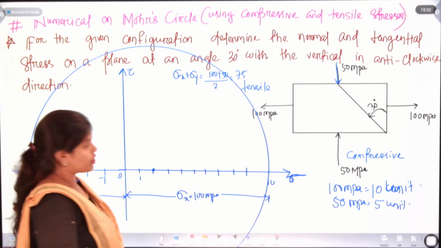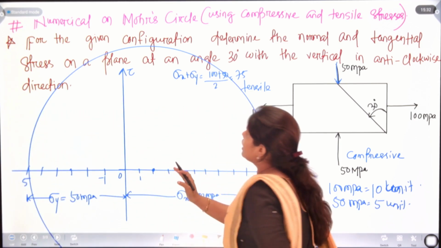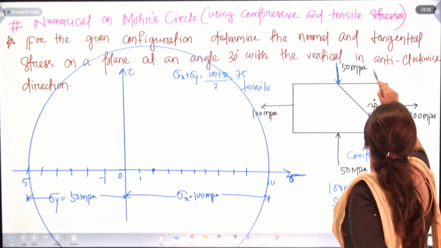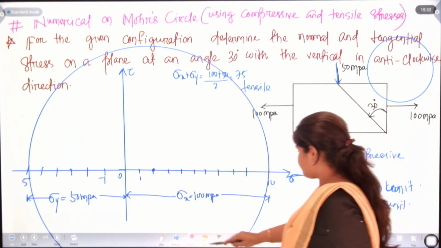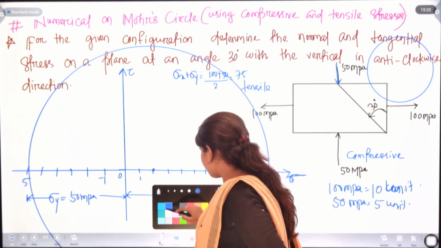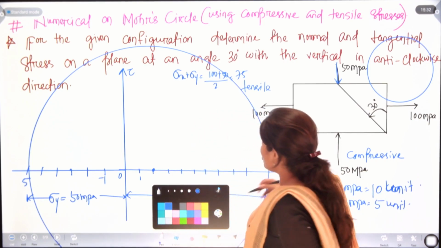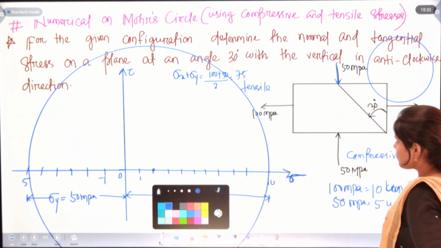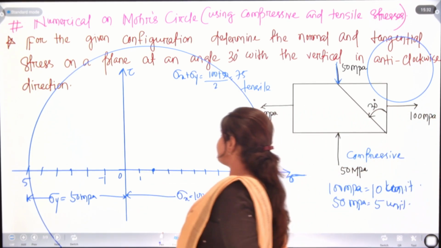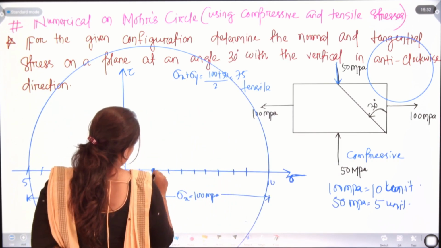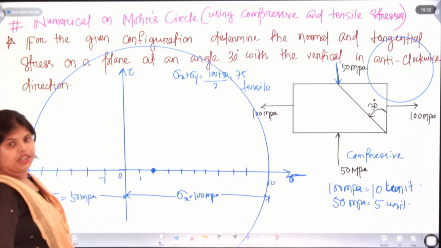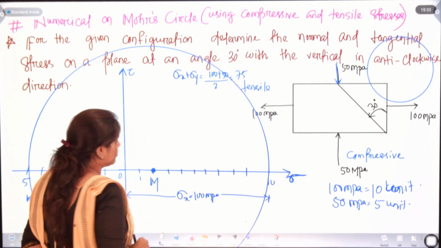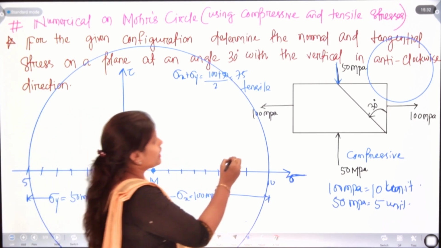The Mohr circle is going to be very big, but it will be easy as the angle is in anti-clockwise direction. If the angle is in clockwise direction, we need to draw the diagram below the axis. Now we have the center point here, so let's take it as M. We have a 30-degree angle.